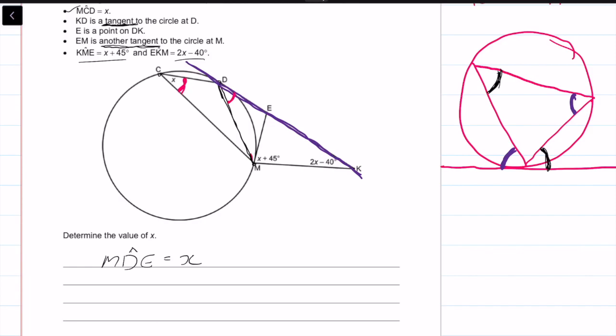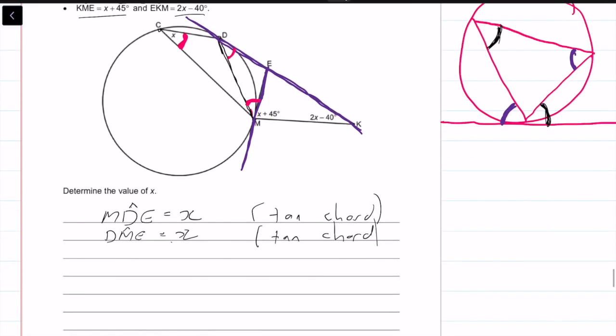Then if we look at this tangent right here, this angle is equal to that angle right there. Again, this is because of Tan Chord. And that is going to be angle DME, so DME is equal to X. The reason for that is Tan Chord once again.